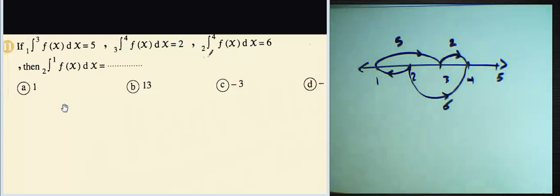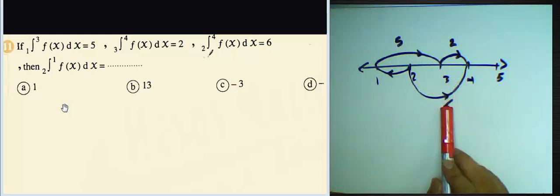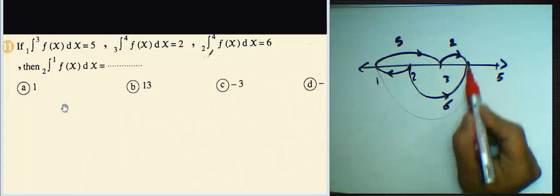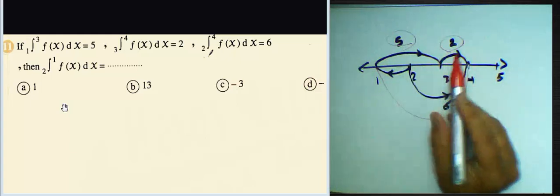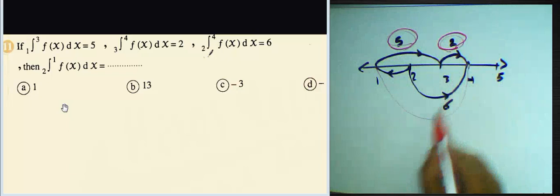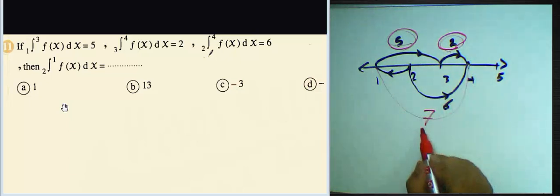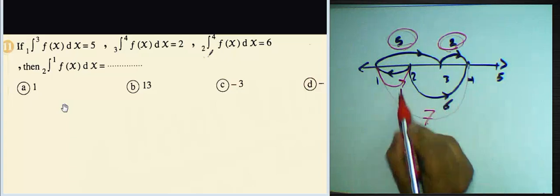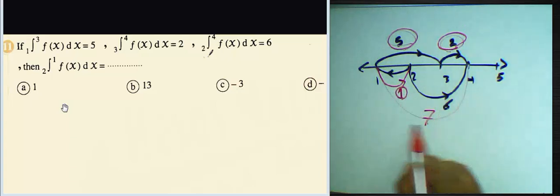Okay, we know the integration from 2 to 4 equals 6, and from 1 to 4 it will be equal to what? 5 plus 2 equals 7. We must add them, so this integration equals 7. Then the integration from 1 to 2 is 7 minus 6 equals 1, because 1 plus 6 equals 7.